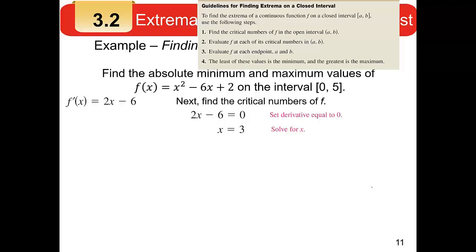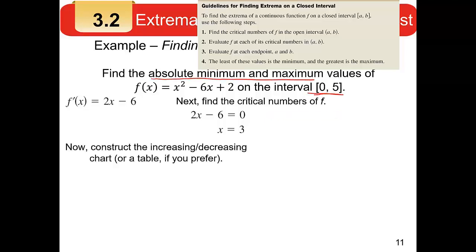But because we're looking for absolute and we're on a closed interval, when you make your increasing decreasing chart, you have to make sure that it ends at 0 and 5. It doesn't go on forever. And then you have to check those y values at the endpoints, because one or both of them might be an extrema, in addition to what might happen at the relative value.